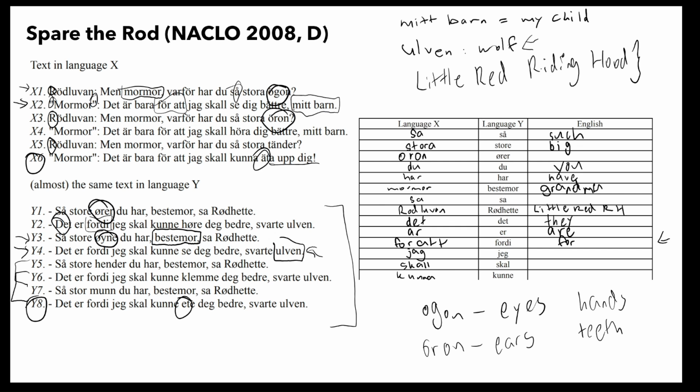Okay, jag or yeg is, so again, seeing is not on there, so they are better, they are for jeg skal, right?